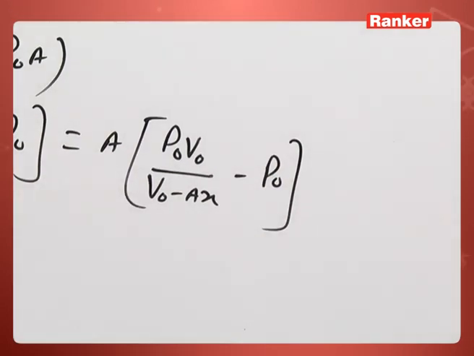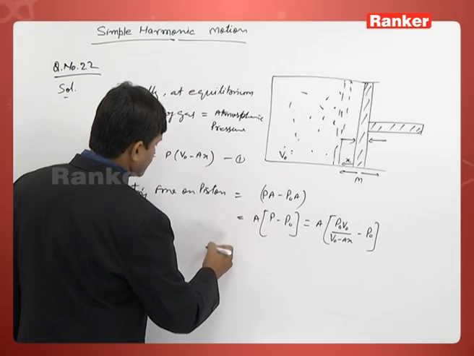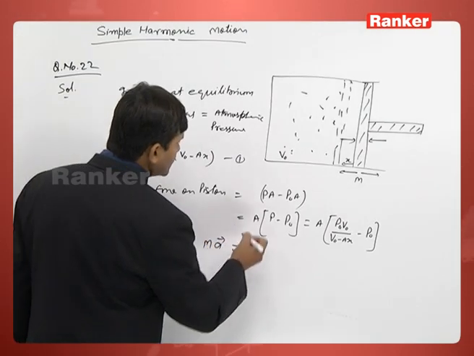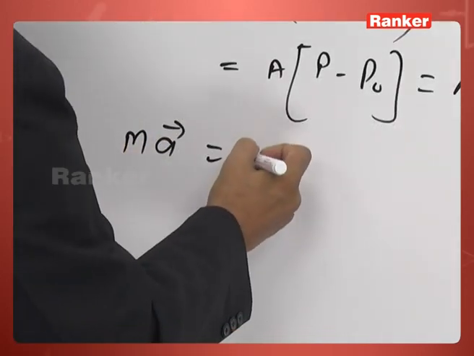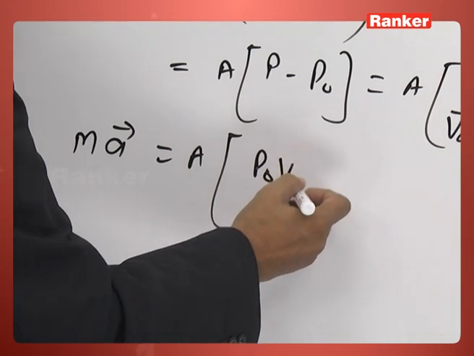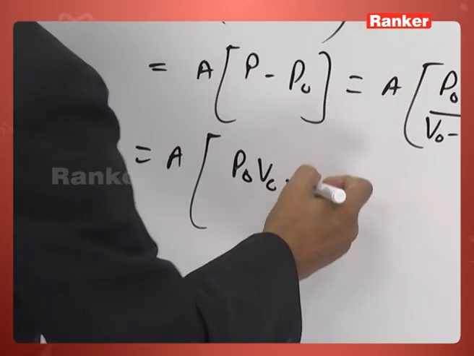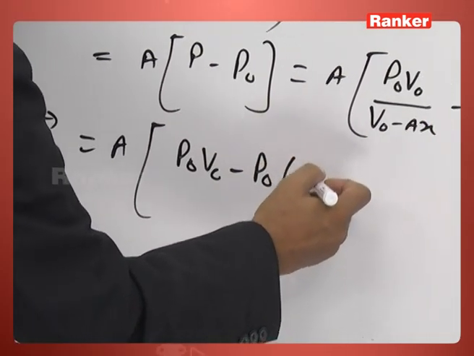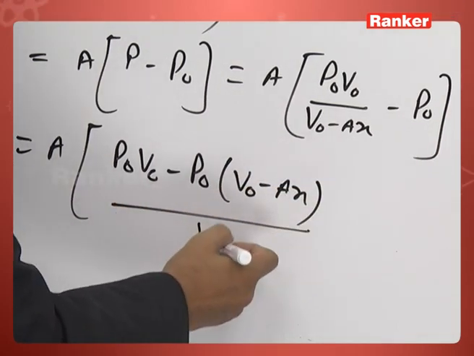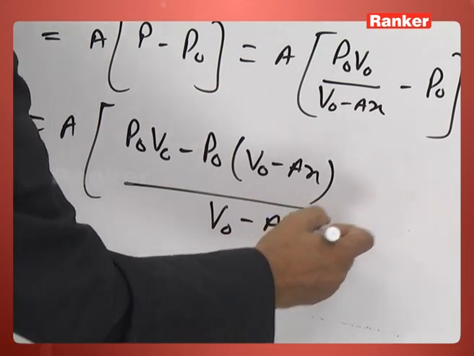Now further, when we are simplifying, that is equal to mass into acceleration of the piston. See, A into (P naught V naught minus P naught V naught plus P naught AX) by (V naught minus AX).